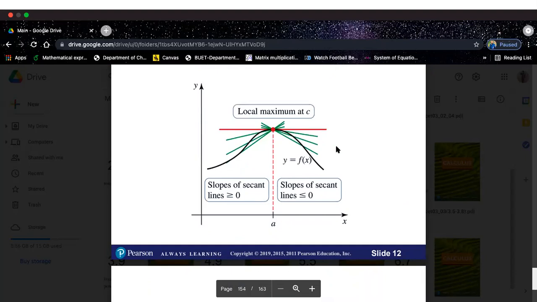Okay. Now, a very good graphical representation of what happens before and after the maximum point. So if you remember the sign of the slope, right? We do know the sign of the slope.